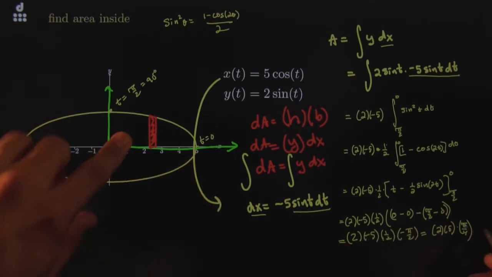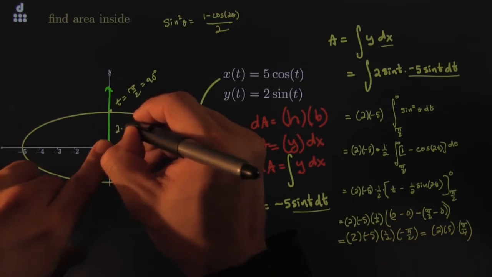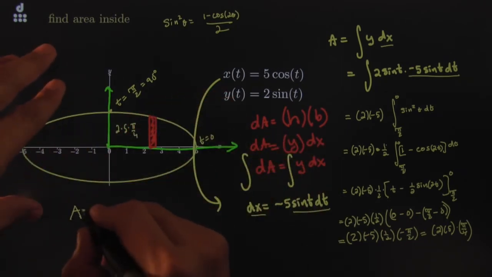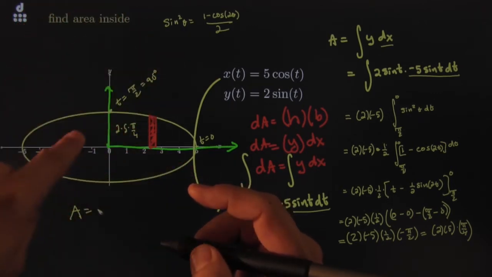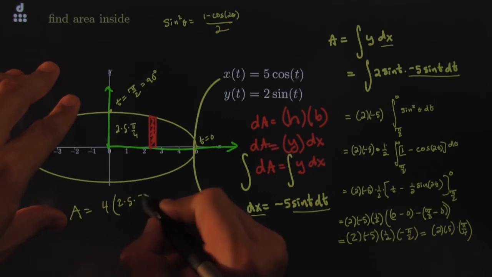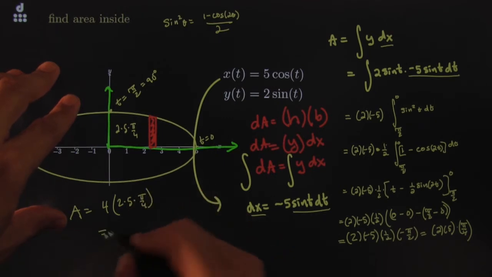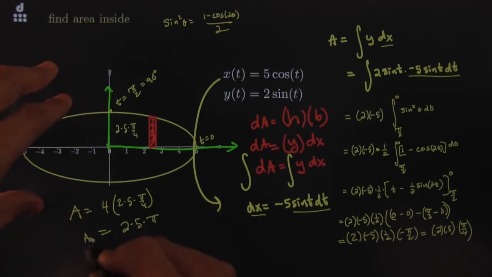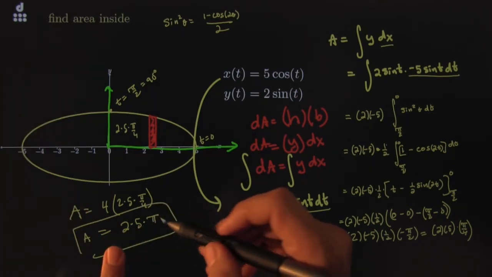The negatives are gone. So this one right here is 2 times 5 times pi over 4. Therefore, the whole area would be 4 of these. I have 1, 2, 3, 4 of these. 4 times 2 times 5 times pi over 4, of course, would give you 2 times 5 times pi. That, my friends, is the area of an ellipse.